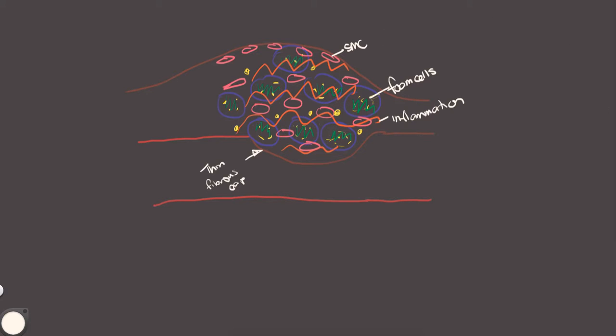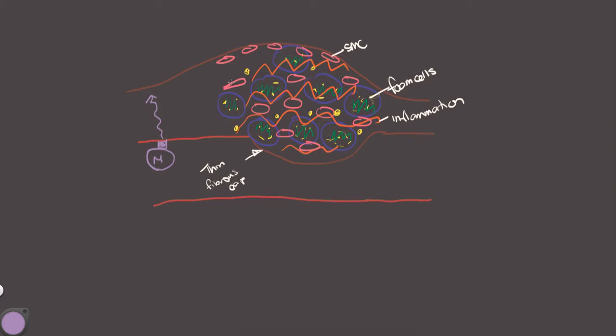So we know that this plaque formation is stimulated by the presence of adhesion molecules on our vascular endothelium, which is going to lead to monocyte adhesion. So our monocyte adheres to that endothelial lining and sends some cell signaling into the cell, which leads to the migration of smooth muscle.